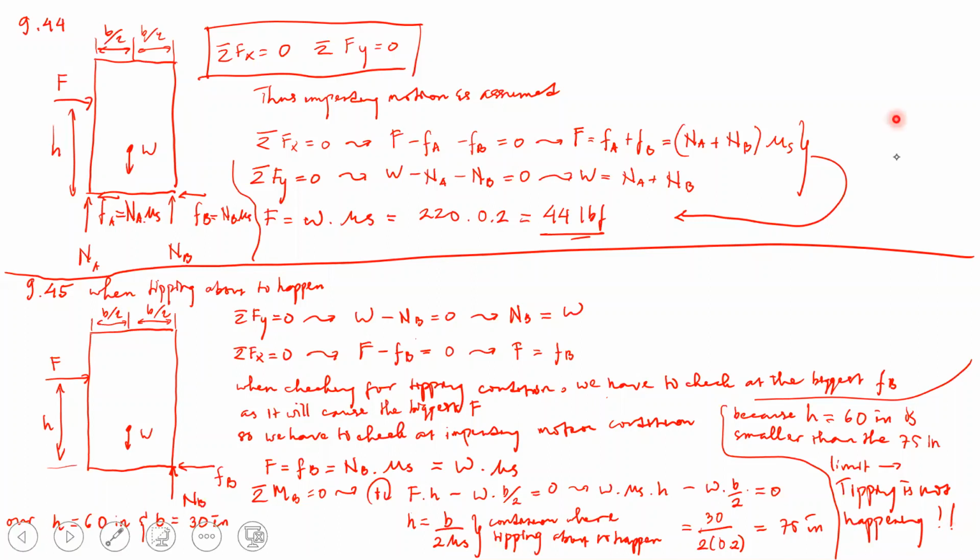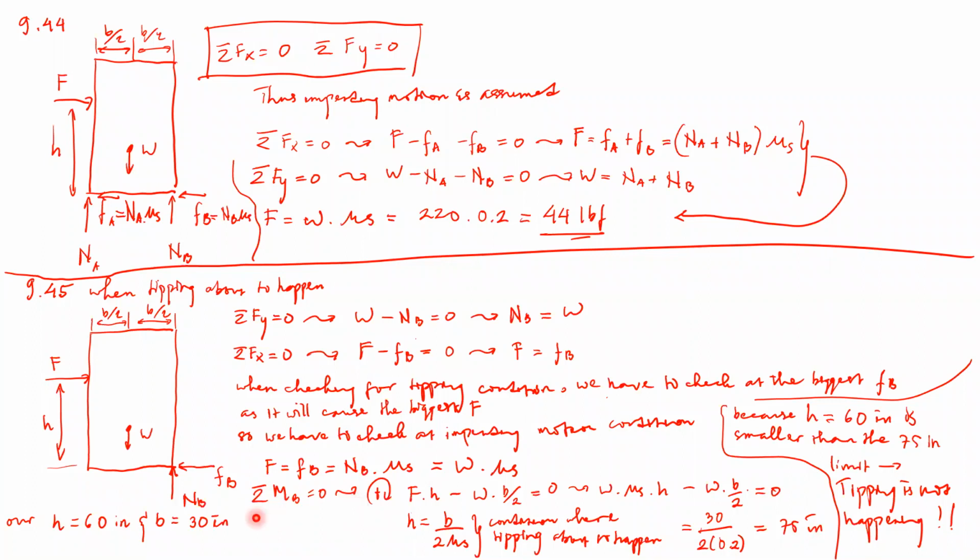I still don't understand, sir. Which part do you not understand, Rajat? After we got H equal to 75. Okay. So remember, right? H equal to 75 inch is the value which fulfills this particular equation, right, Rajat? Yes, sir.